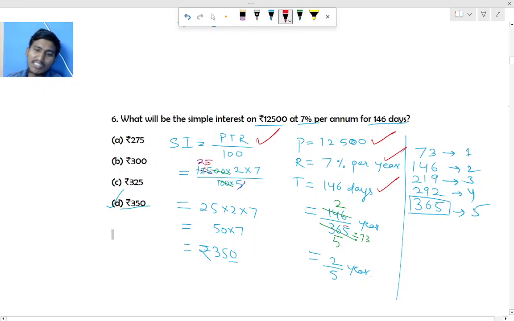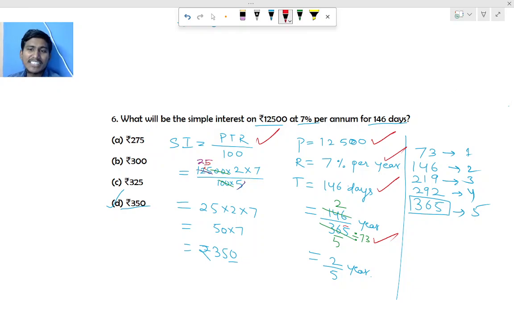Now cancel with 73. I told you, right? Remember this, 73. So if you cancel with 73, 73 fives are how much? 365. And then how much next? 73 twos are 146. So 2 will come here, right? So what will come? 2 by 5 year. 2 by 5 year will be the time.